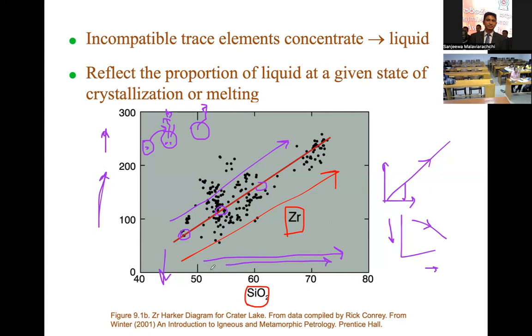The silica gets more and more enriched in the melt. So finally, you will end up with a very mafic residue plus a very felsic melt. That's how granites are produced from the mantle rocks.